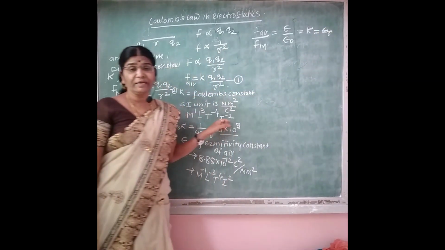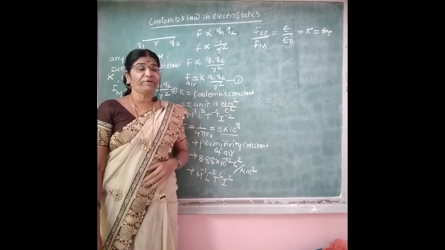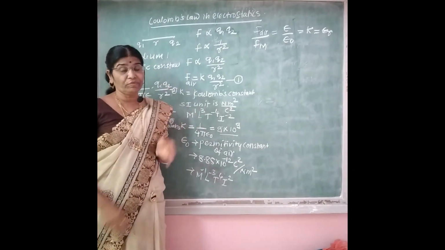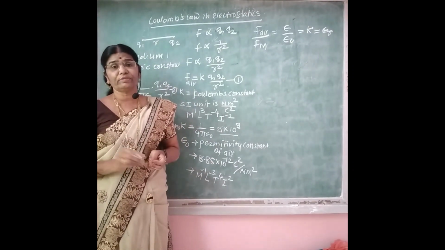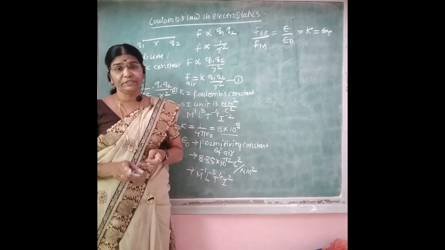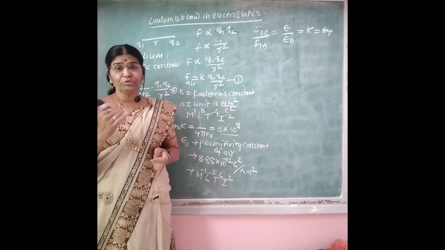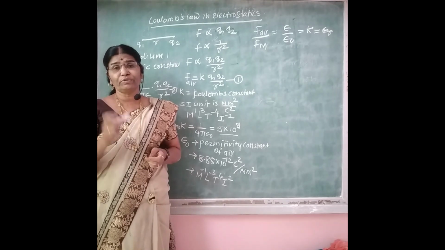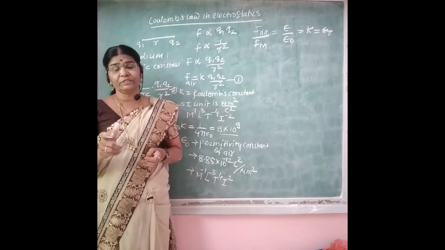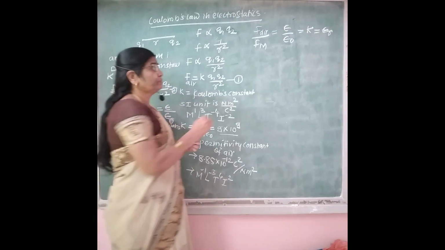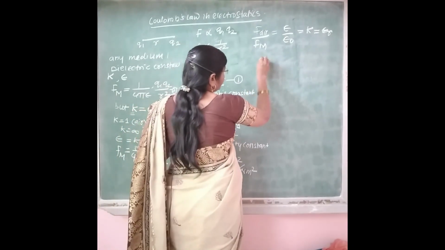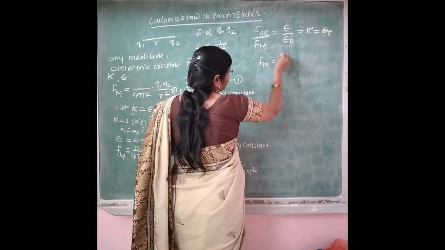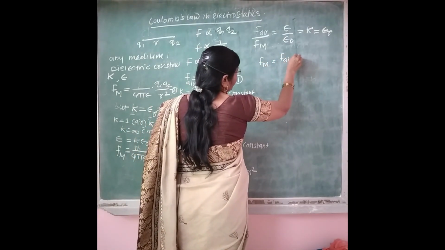Hence, dielectric constant is also defined as the ratio of Coulomb's force between 2-point electric charges in air to the Coulomb's force between 2-point electric charges in any medium. From this we write Fm is equal to F air divided by K.